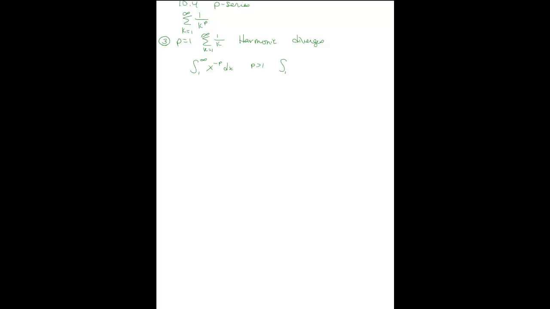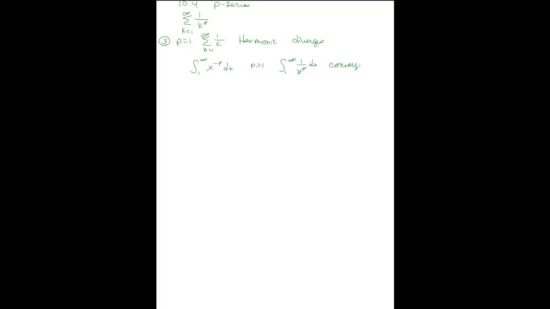Let me rewrite it. 1 over infinity to the p. And so if p is greater than 1, then this is 1 over x to some positive number, and I would raise the power, flip it in front, and it's going to converge because it's going to keep getting tinier and tinier and tinier. And we did this in section 8.8.